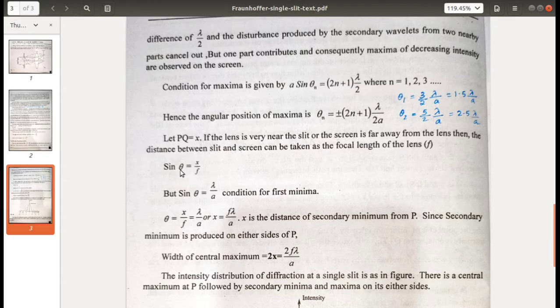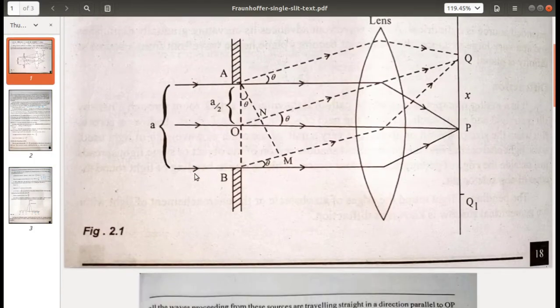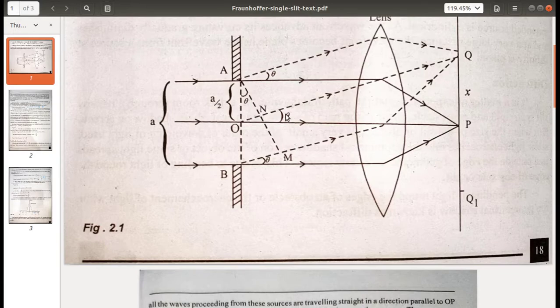Now, from such an approximation we can write sin theta is equal to x by f. Where we can see from this figure, this is theta.